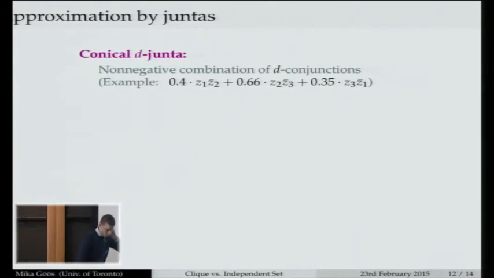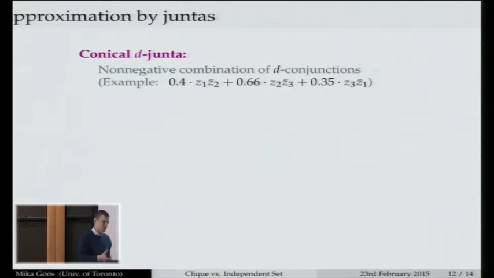So to formalize this intuition, we're going to use this concept of conical juntas. These are kind of non-negative analogues of polynomials. A junta is just a function that depends on a few of its inputs. So a d-junta depends on d of its inputs.